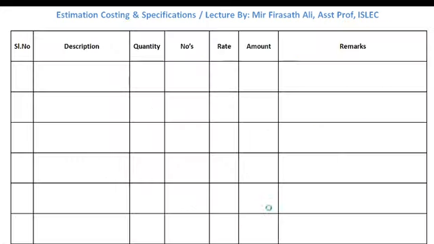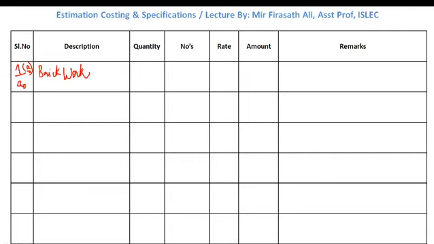Our serial number is 1, and we will term it as A. Serial number 1, A. What is the description? Brickwork. First, we will find out the brickwork.